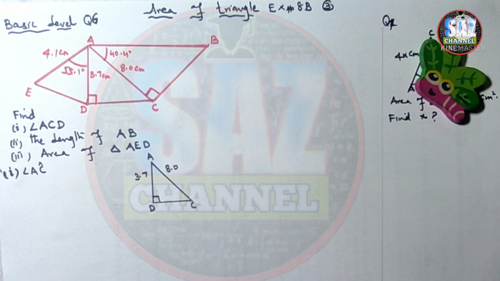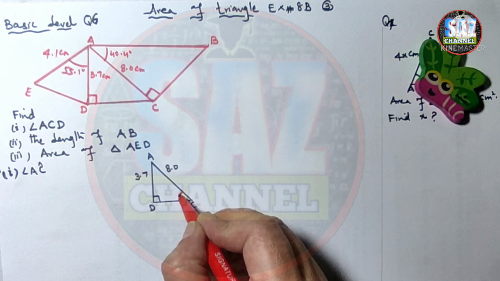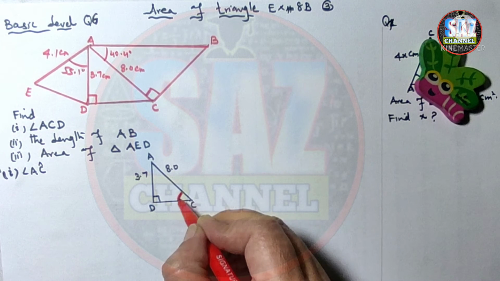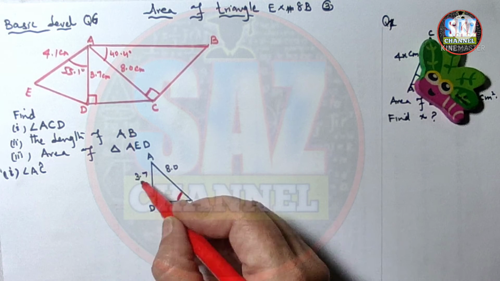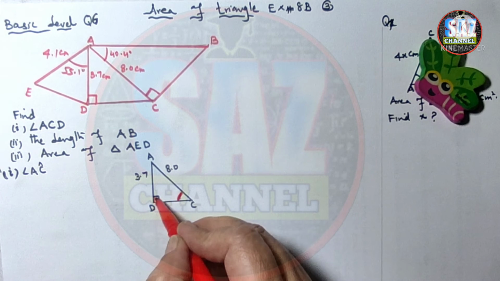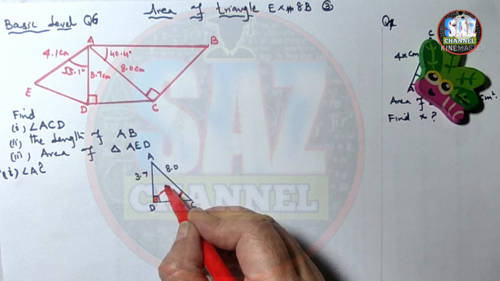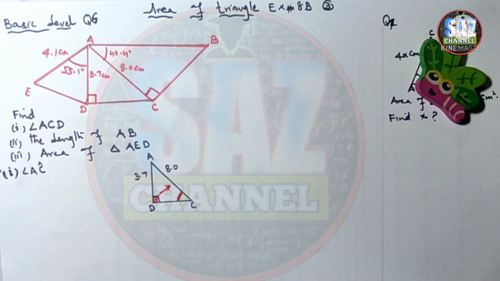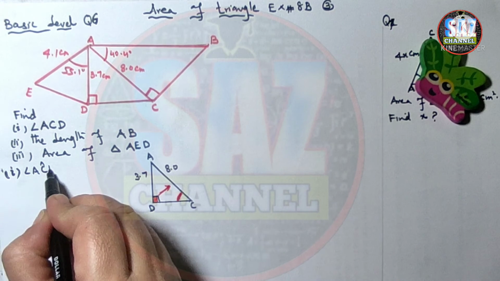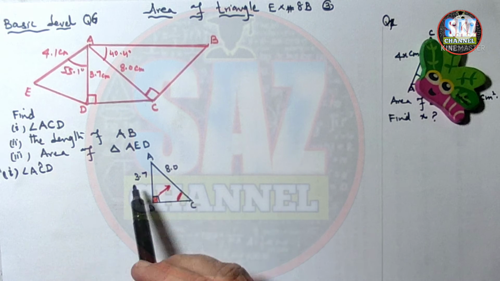Now look, with the reference of this angle C, 3.7 is opposite, and here at vertex D we have the 90 degree angle, so 8.0 will be hypotenuse. Now recall which trigonometric ratio involves opposite and hypotenuse: opposite upon hypotenuse, that is sine.